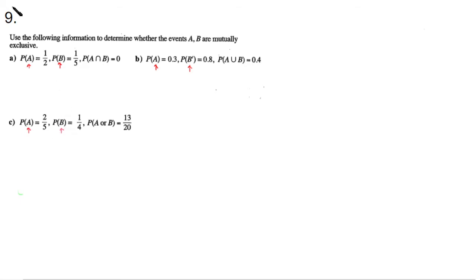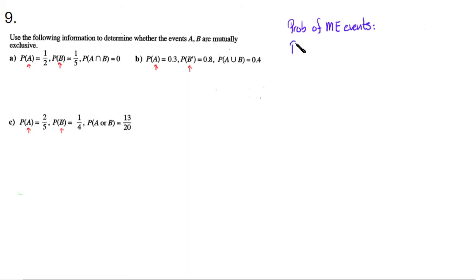Now, in order to determine if these are mutually exclusive events, we're going to be taking advantage of the formulas for mutually exclusive events. So let's just write those down. The probability of mutually exclusive events is given by the following relationship.